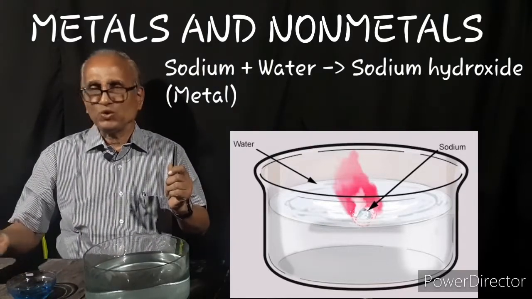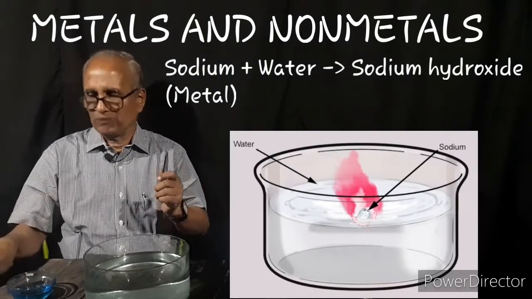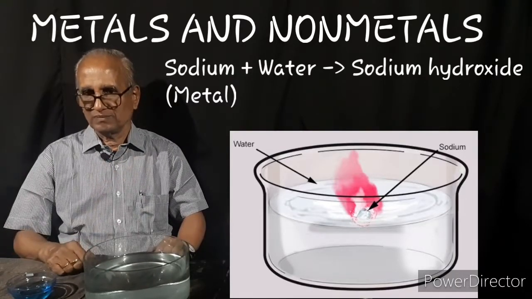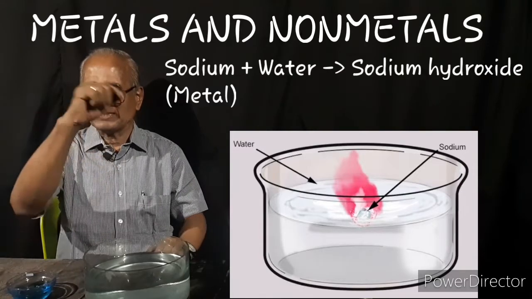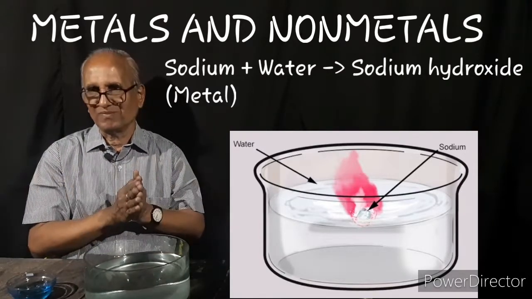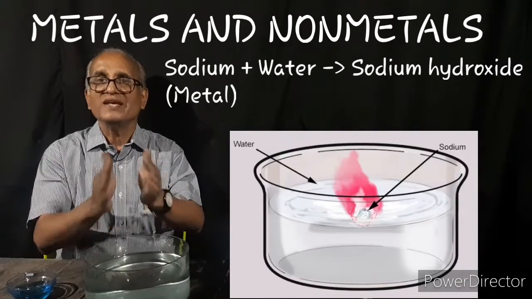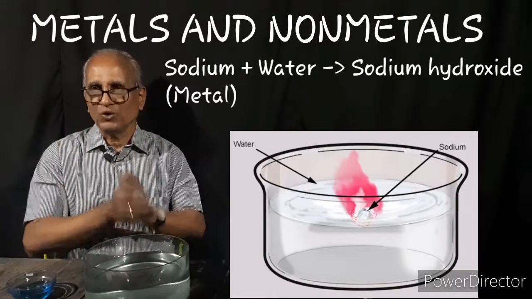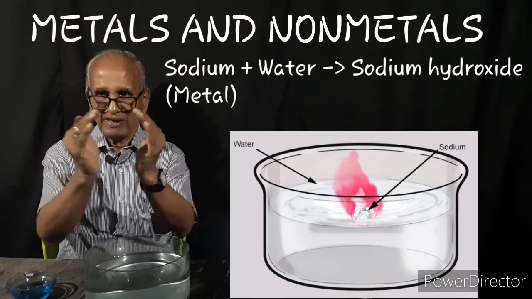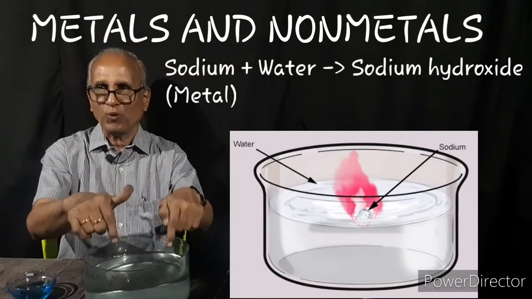Now, as sodium reacts with water, it's a chemical reaction. Hydrogen gets produced. You may ask, from where did hydrogen come? Water is H2O. 2 parts of hydrogen, 1 part of oxygen have got chemically combined to form water.